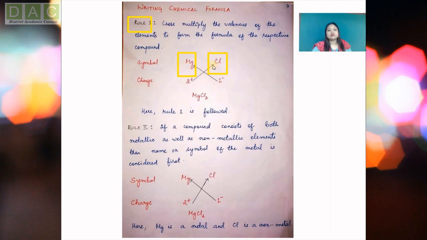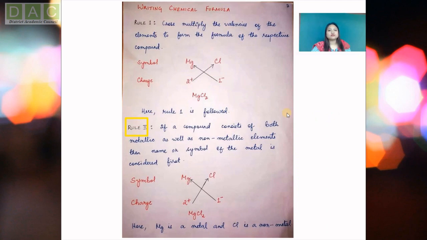If we cross multiply the valencies of these 2 elements, we can write the formula as MgCl2. So in this case, rule 1 is followed.